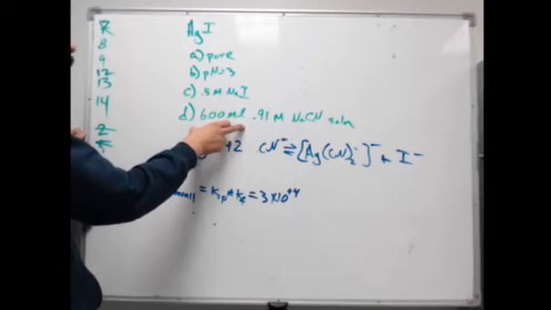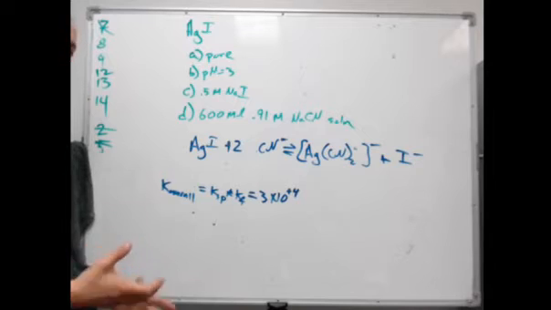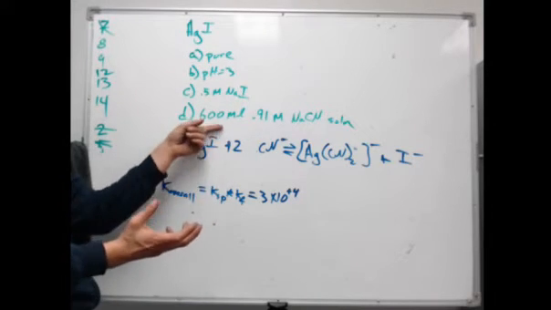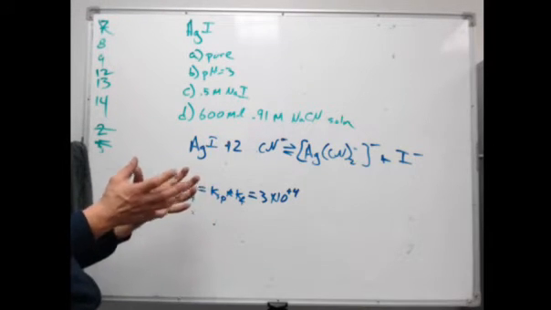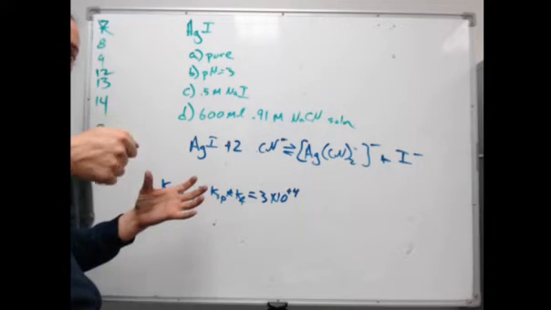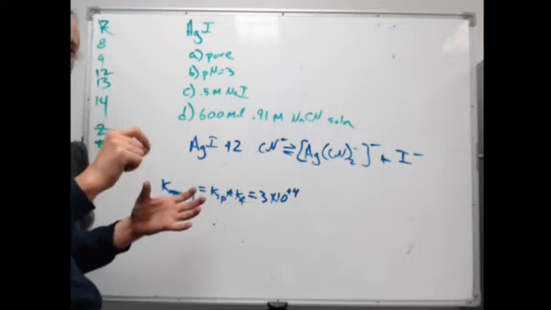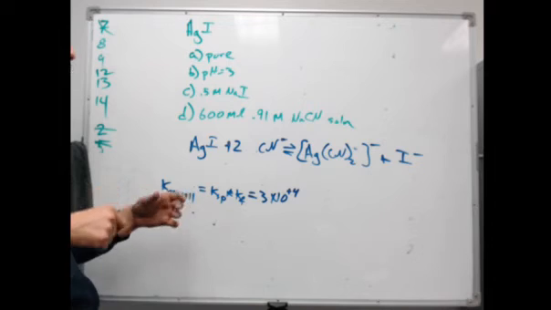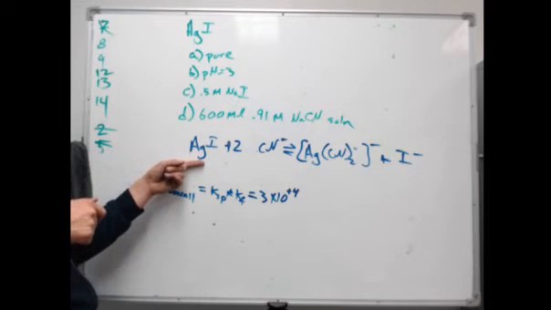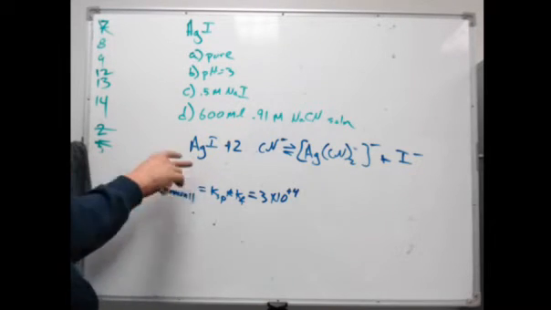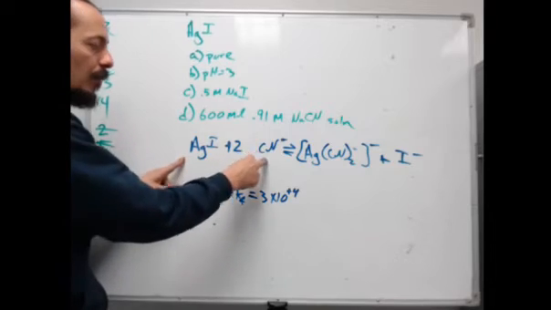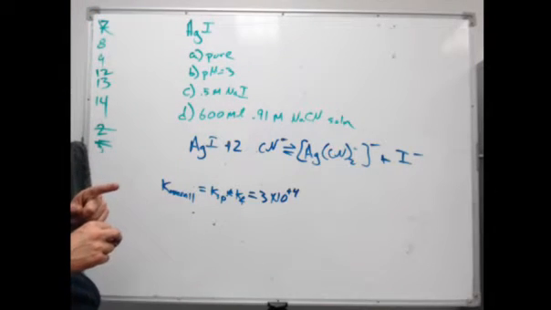So in this case we can imagine I've got a bucket of 600 milliliters of 0.19 molar sodium cyanide, and I'm tapping in as much silver iodide as I can until I see some that doesn't dissolve. So essentially my AgI is going to be in excess, or I'm going to be looking for the point where my AgI is equal molar to my CN minus.